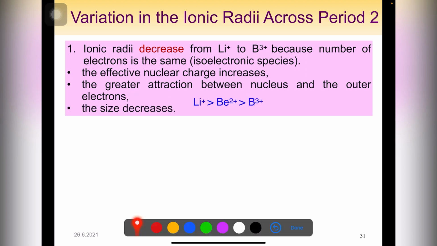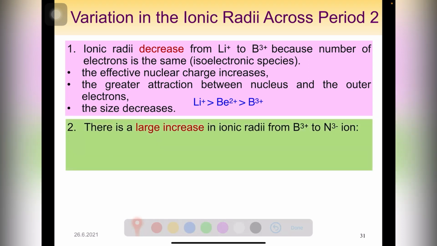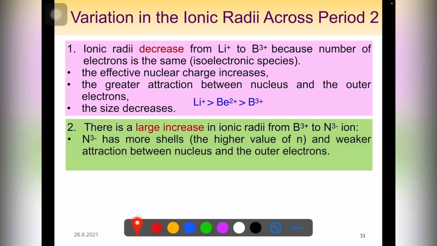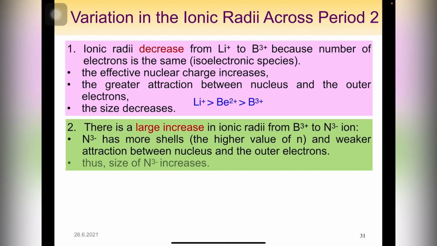That's why the ionic radii of Li+ is greater than Be2+, which is greater than B3+. There is a large increase in ionic radii from B3+ to N3- because N3- has more shells, a higher value of n.